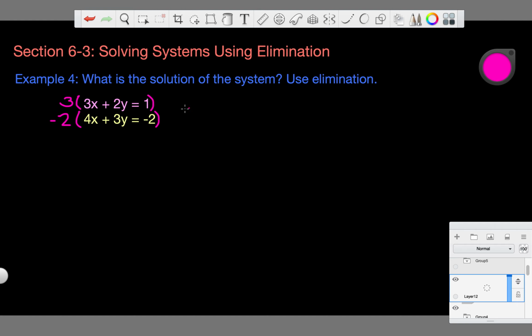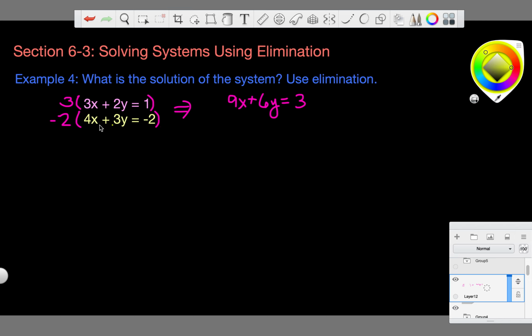So if I rewrite this system, we are left with 9x, I'm distributing this 3 everywhere, plus 6y equals 3. And that yellow equation becomes negative 8x minus 6y equals a positive 4. Okay?